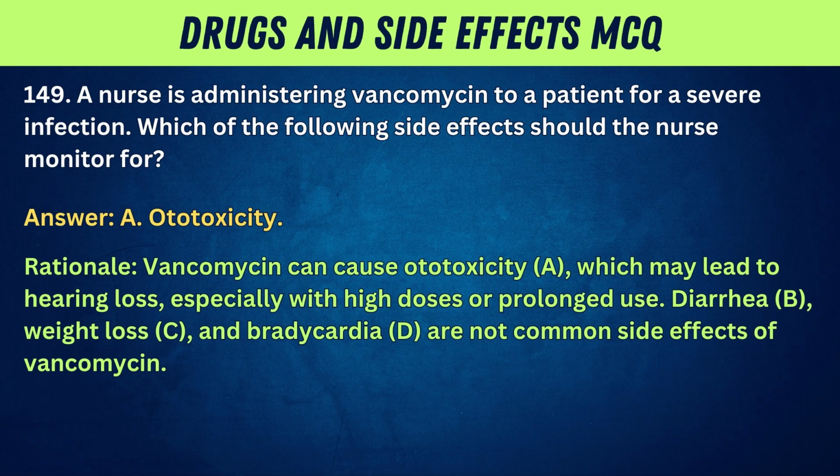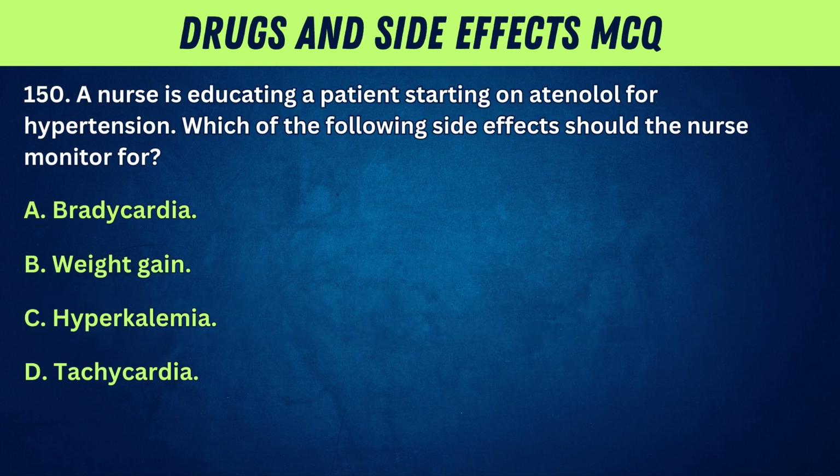Answer: A. Ototoxicity. Rationale: vancomycin can cause ototoxicity, A, which may lead to hearing loss, especially with high doses or prolonged use. Diarrhea, B. Weight loss, C. And bradycardia, D. Are not common side effects of vancomycin. 150. A nurse is educating a patient starting on atenolol for hypertension. Which of the following side effects should the nurse monitor for?